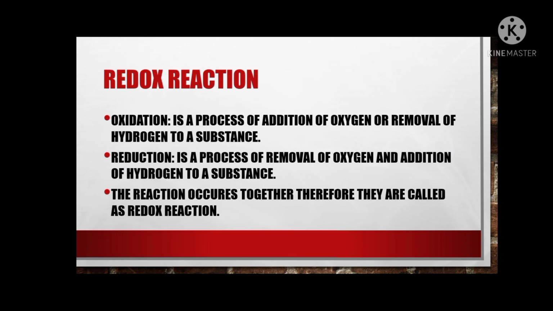And reduction is a process of removal of oxygen but addition of hydrogen. If hydrogen gets added or the oxygen is removed, then it is said to be reduction. These two reactions usually occur together, hence it is shortly called redox reaction.